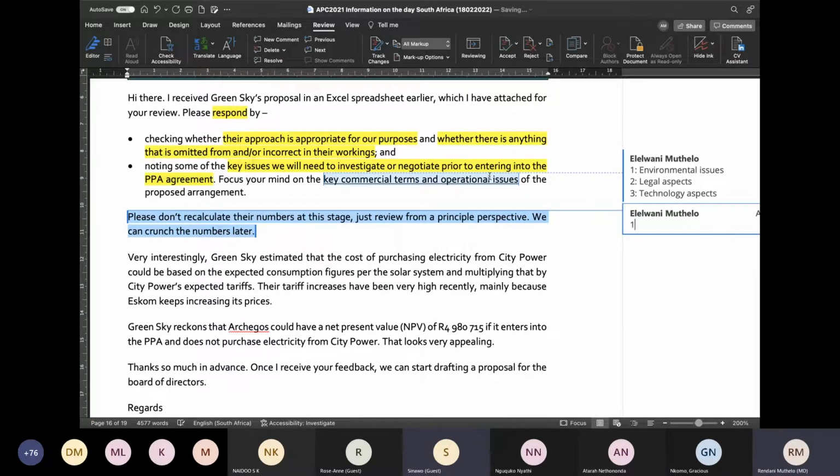Number one, it is to ask whether there are errors in principle, right? And whether there are omissions. Errors in principle essentially means that this should have been there.